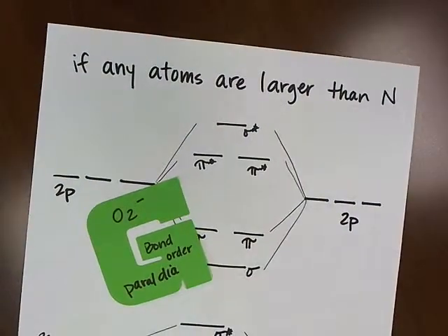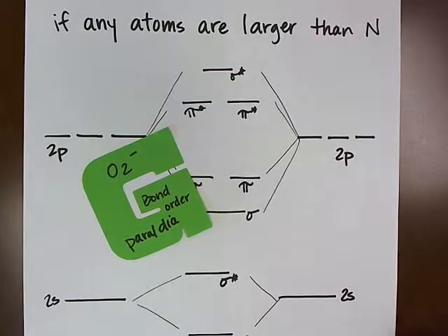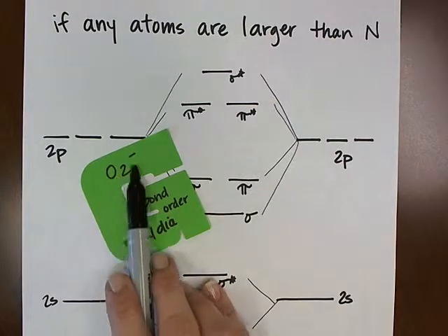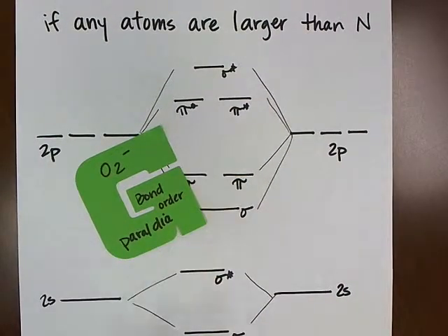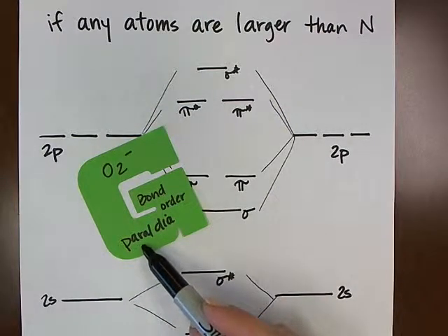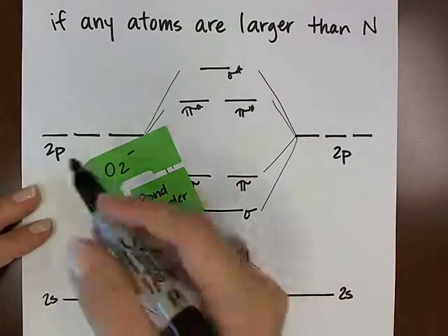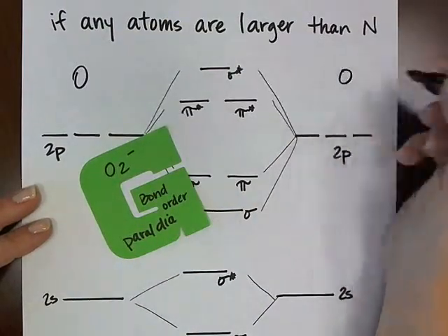All right, now I'm using the other molecular diagram because I'm looking at the potential for O2 minus to exist. What kind of bond order does it have? And maybe other questions might be, is it paramagnetic or diamagnetic? All right, so we're going to bond oxygen to oxygen.